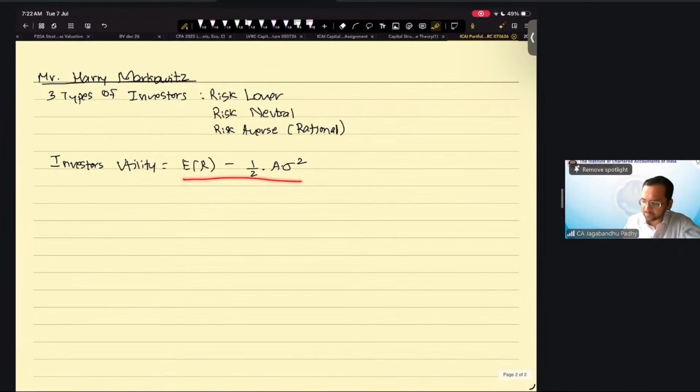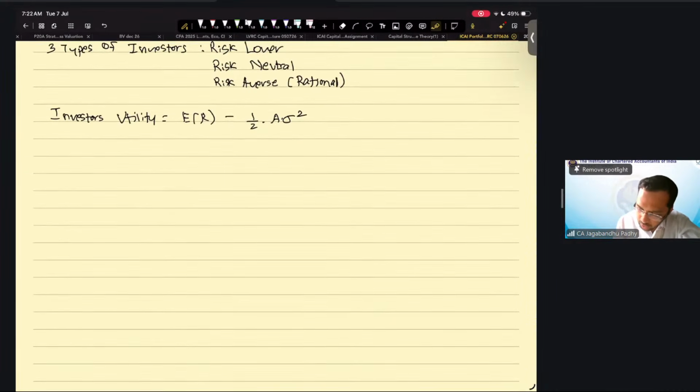Right? And when we put this into the graph, as to what is the rate of return that the investor is expecting for a given level of risk, we get a curve like this.